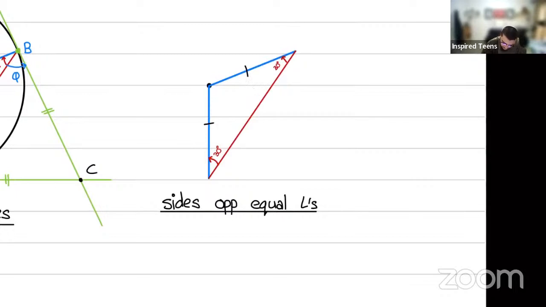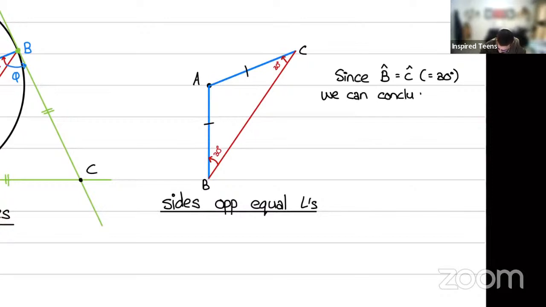So let's write out something. Let's call this A, B, C. We can say since angle B is equal to angle C, which is 30, we can conclude that side AB is equal to side AC with this reason.